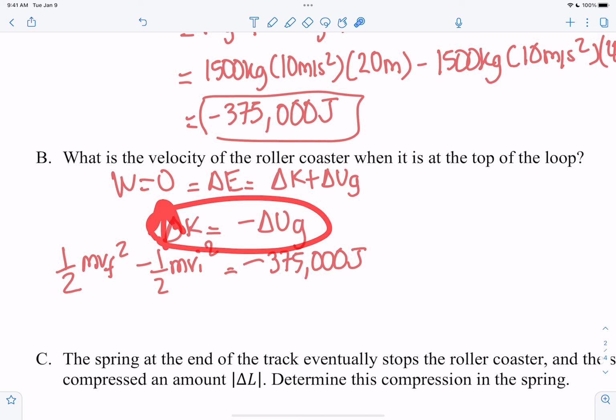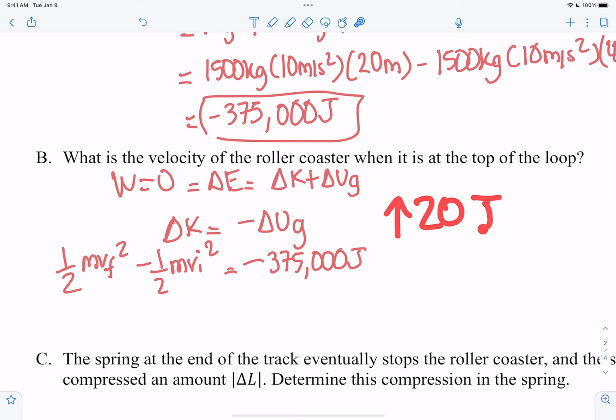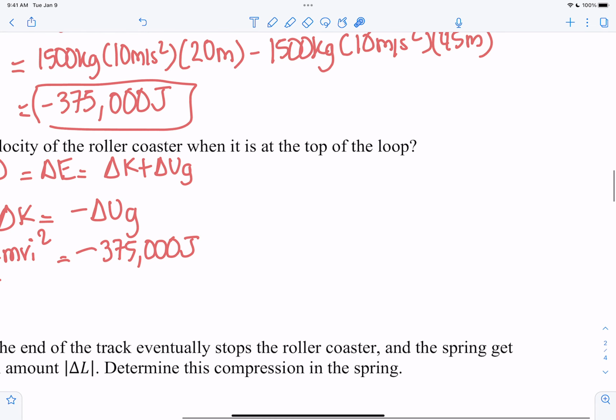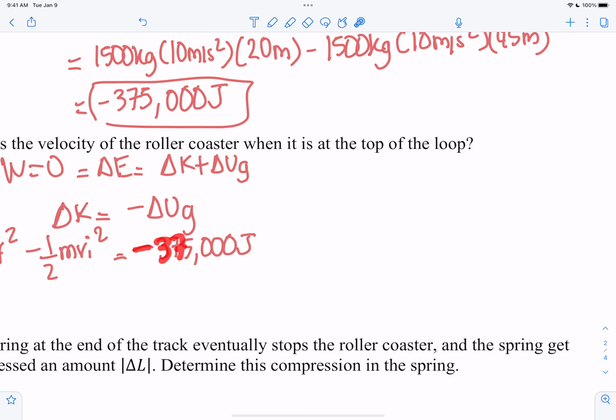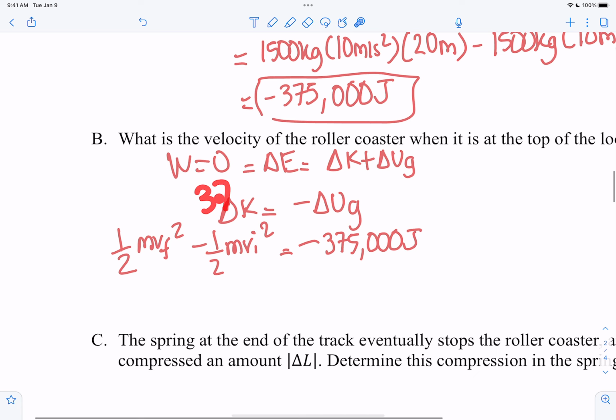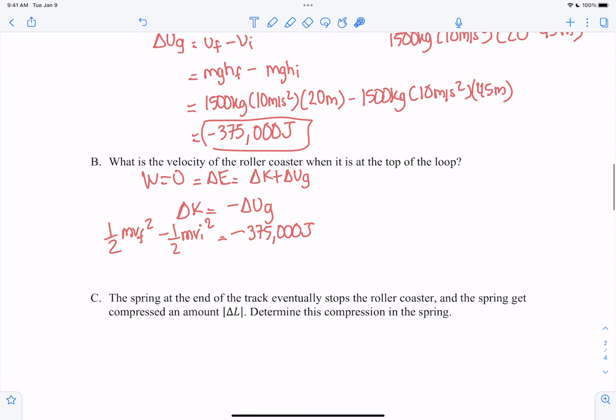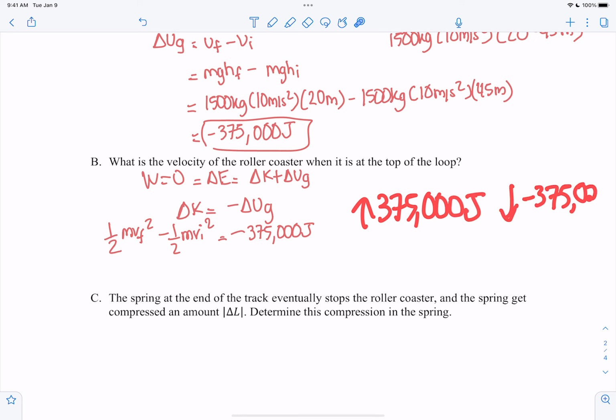For every increase that we see in kinetic energy, there's an equivalent decrease, right? So if I upped my kinetic energy by 20 joules, I should see a decrease of negative 20, or a decrease of 20. I can't see a decrease of negative 20. That's what I mean. So if I say negative 375,000 joules, and this was positive 375,000, then the increase that I saw for my kinetic energy should equal the decrease that I saw, right?